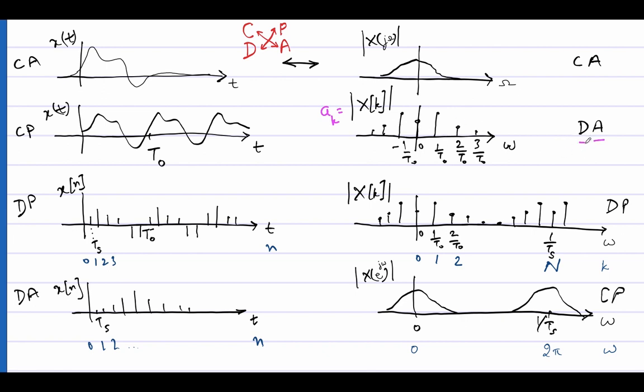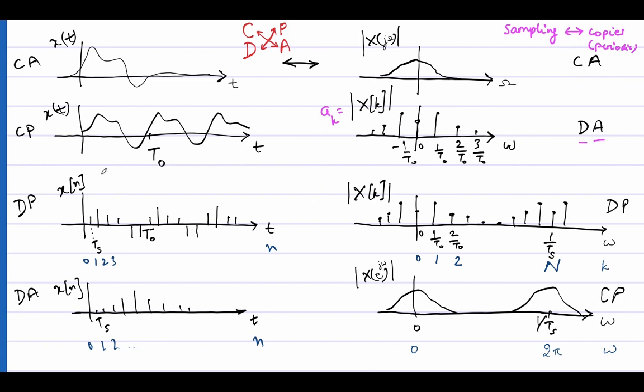This is equivalent to sampling in the Fourier domain. So sampling in one domain makes copies, meaning periodic copies, in the other domain. You sampled here, so you got copies here. You made copies here, you got discrete samples here.